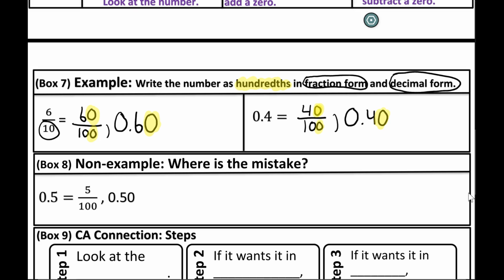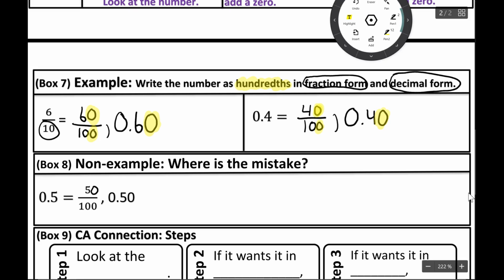But just remember, use the instructions based off of box 7, which say to write the number as hundredths in fraction form and decimal form. So the one mistake that I see, okay, is that they forgot to add the 0 right here to our numerator of 5. So it should have been 50 over 100, but they forgot to add that 0, okay?